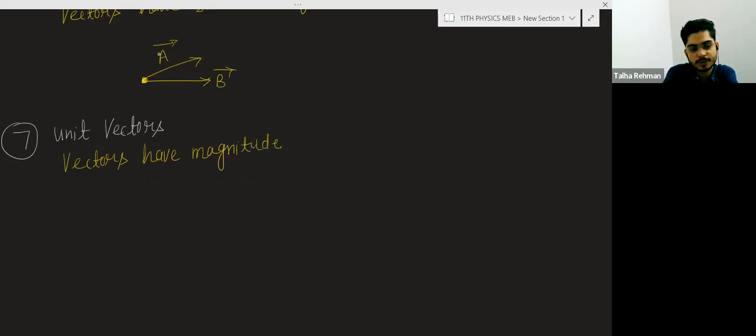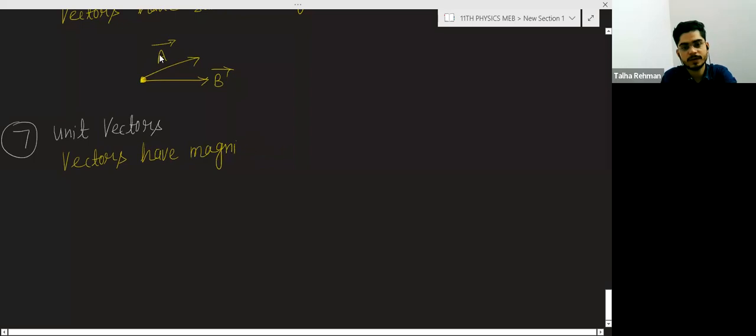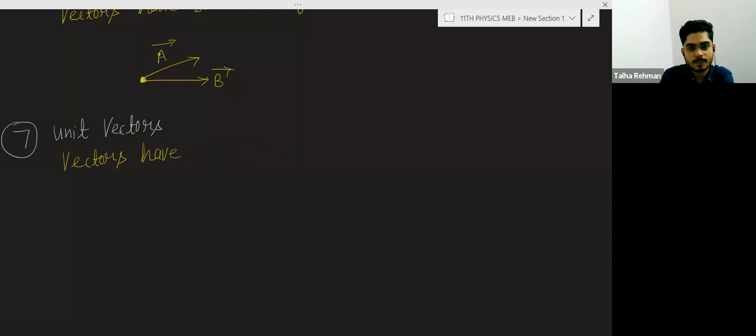The right term is unit magnitude. And the direction can be any direction.